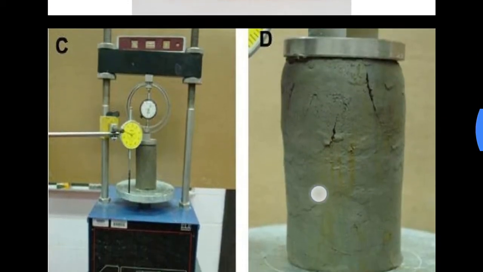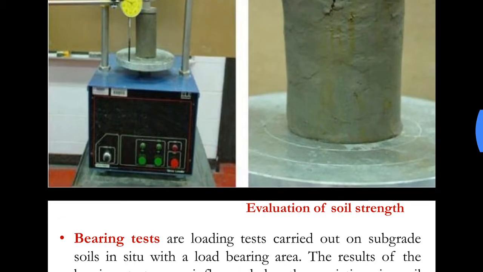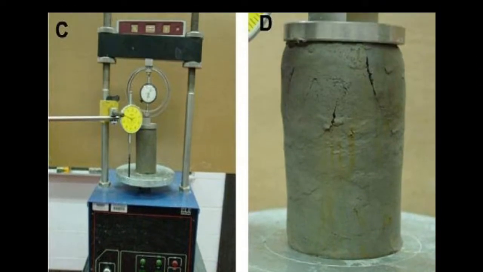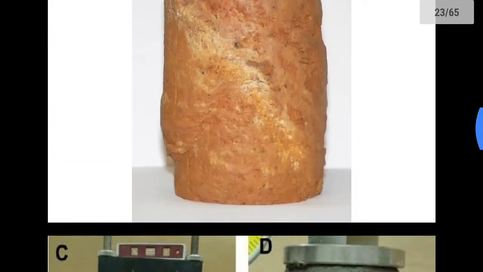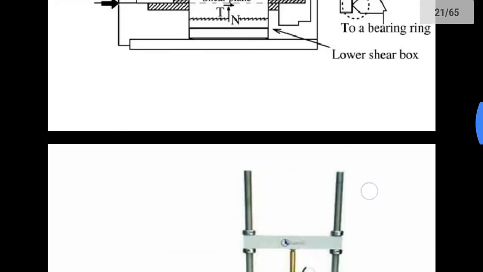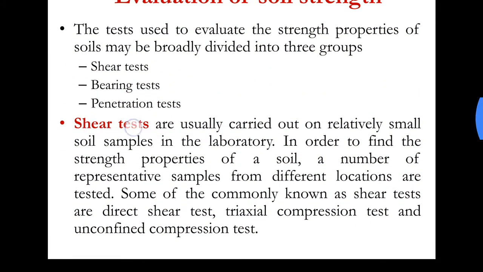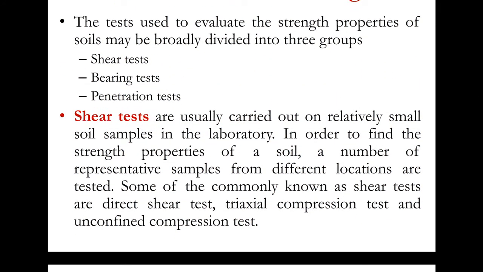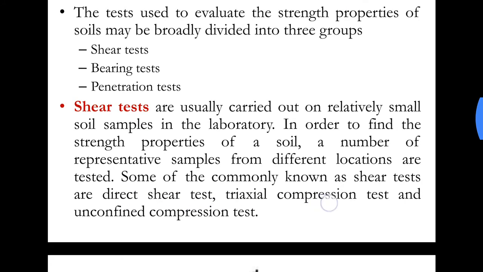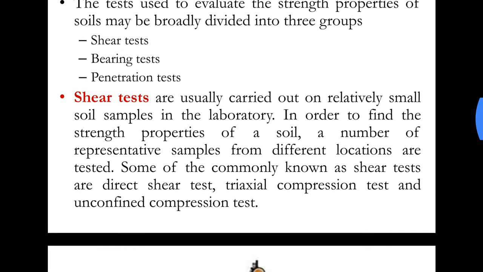This force divided by the cross-sectional area would give us the shear stress. So there are three types of shear tests that we perform on the soil sample, which are direct shear test, triaxial compression test, and unconfined compression test.